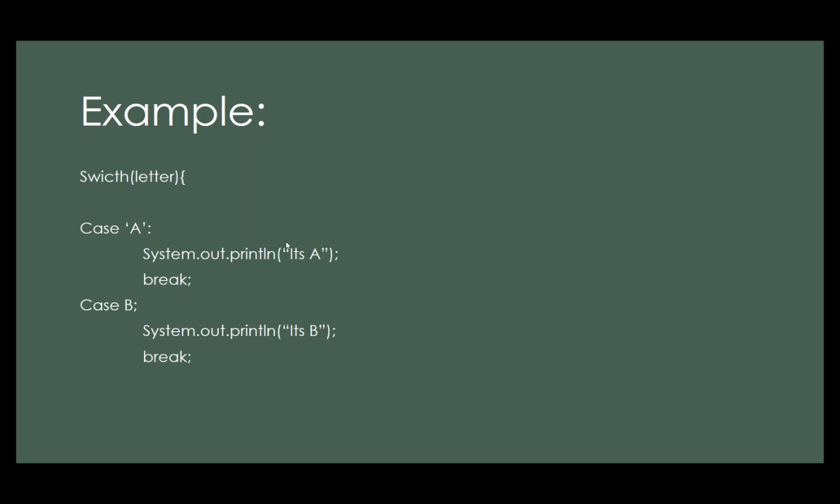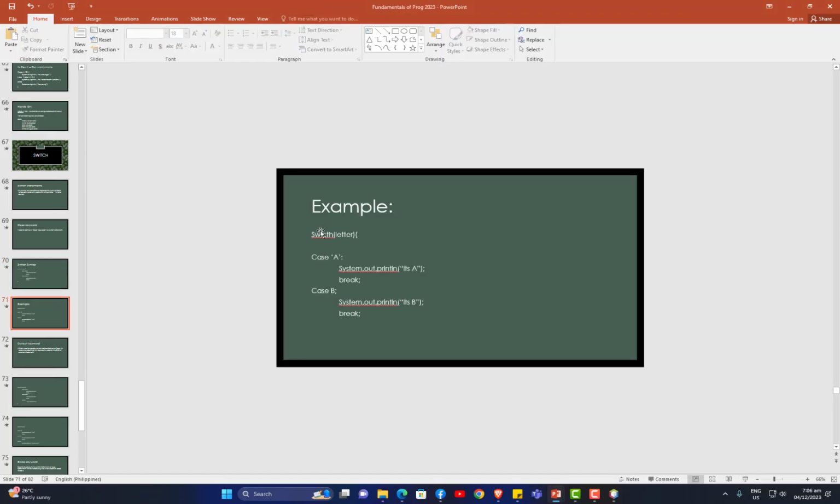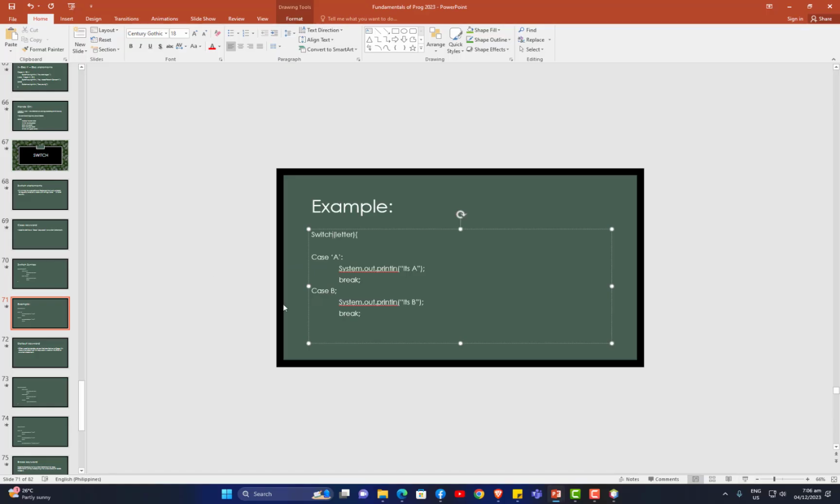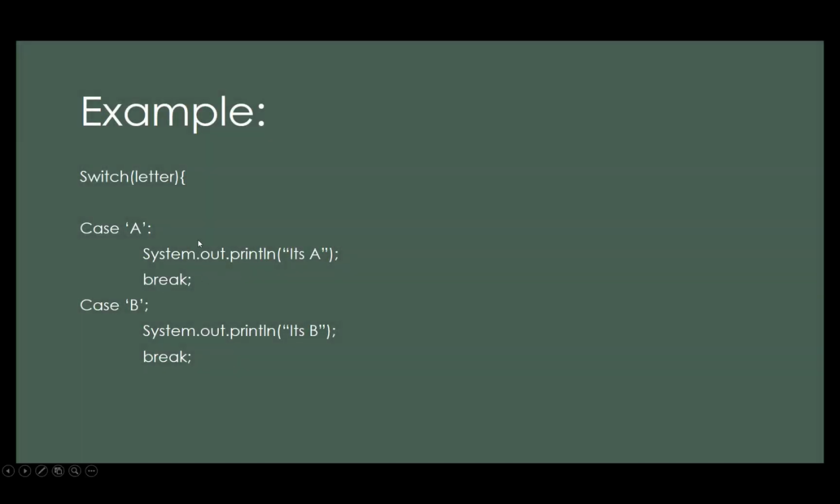For example, here, for this one, switch and then letter is our variable. Since it's a character, case A: imagine the letter is A. If we give A as our letter, it reads the first line.